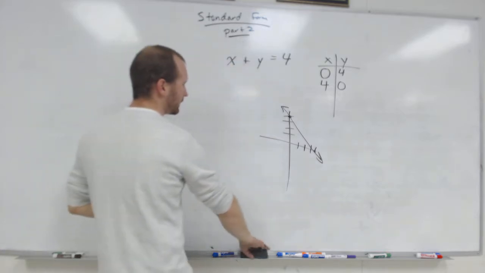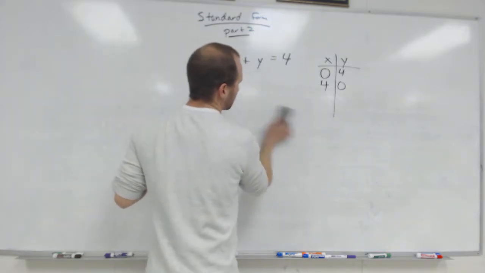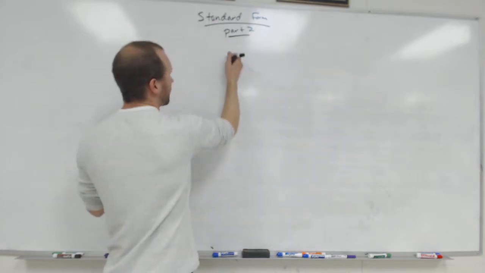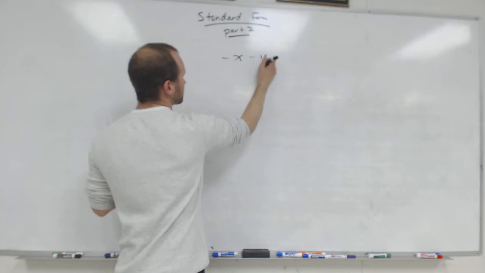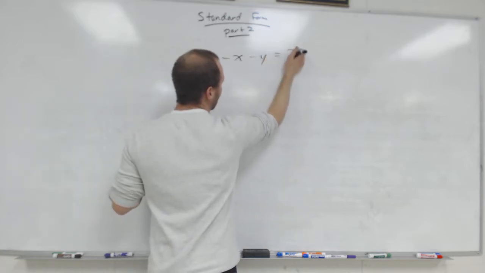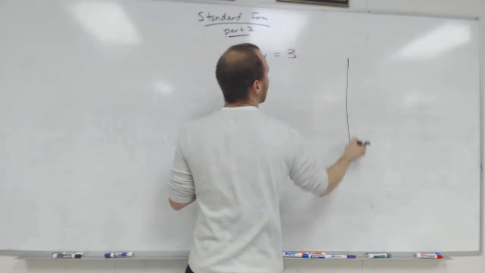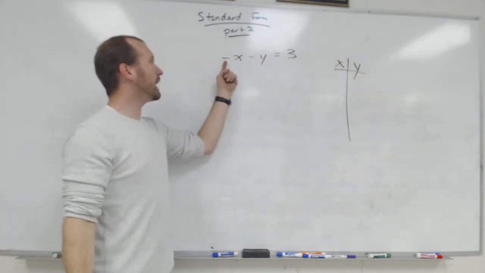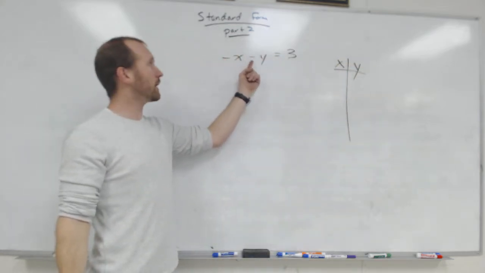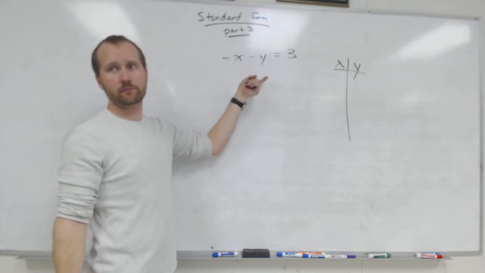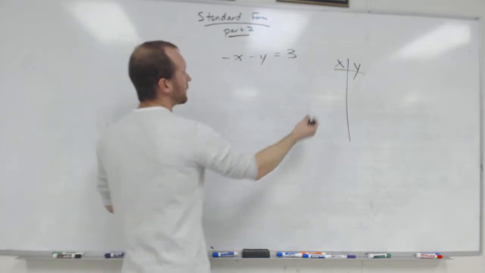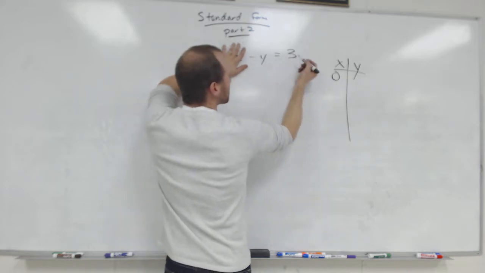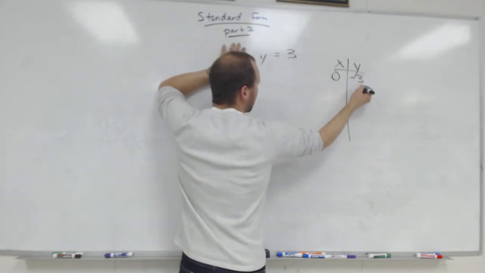But what if we had something like this? Negative x minus y equals negative 3. We can think of those negatives as negative 1x or negative 1y. So if x is 0, negative y is 3, so y would be negative 3.